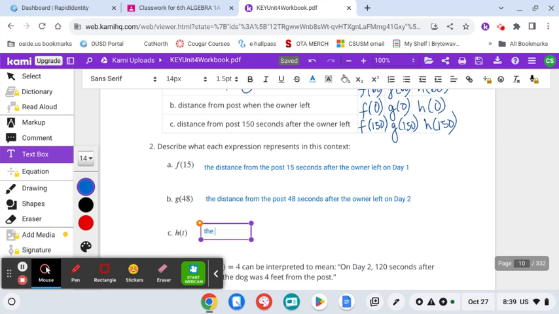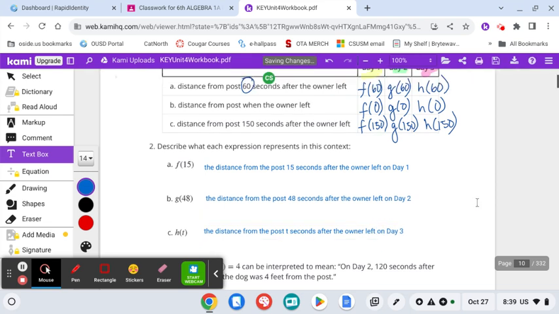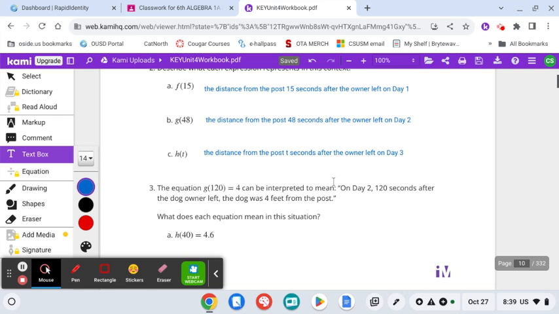Finally, this one means the distance from the post T seconds after the owner left. You got it, on day 3. So how'd you do? That's what this new function notation means in context with this scenario.